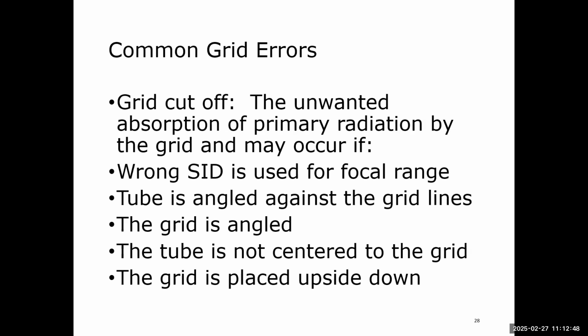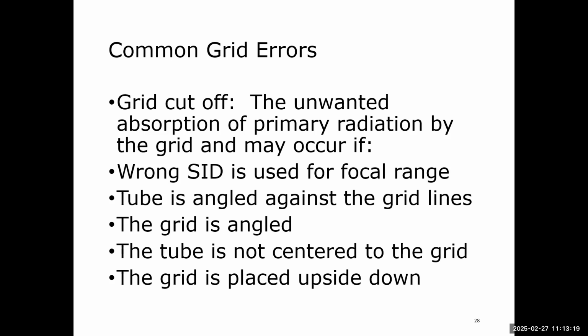If the tube is angled against the grid lines, you can get grid cutoff. If the grid itself is at an angle, for example, if you have a patient in a bed and they come to you for an abdominal series, and that grid is at a tilt, tilting against the grid lines, you are going to get grid cutoff.